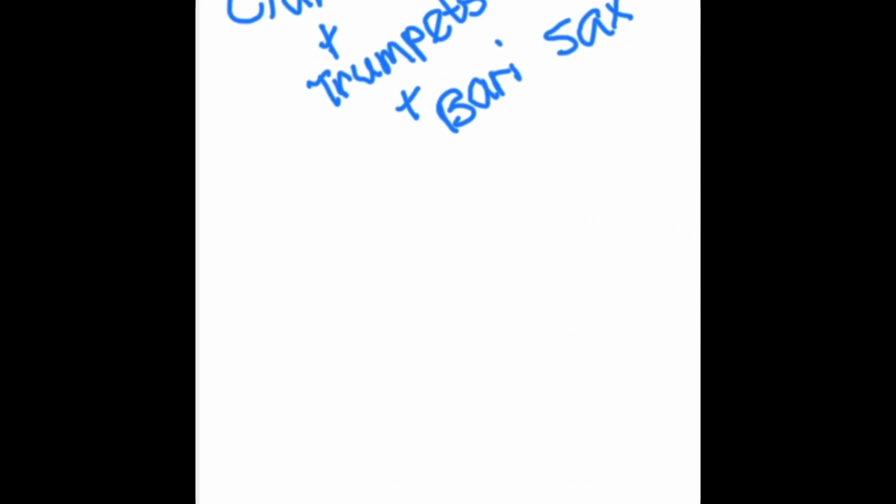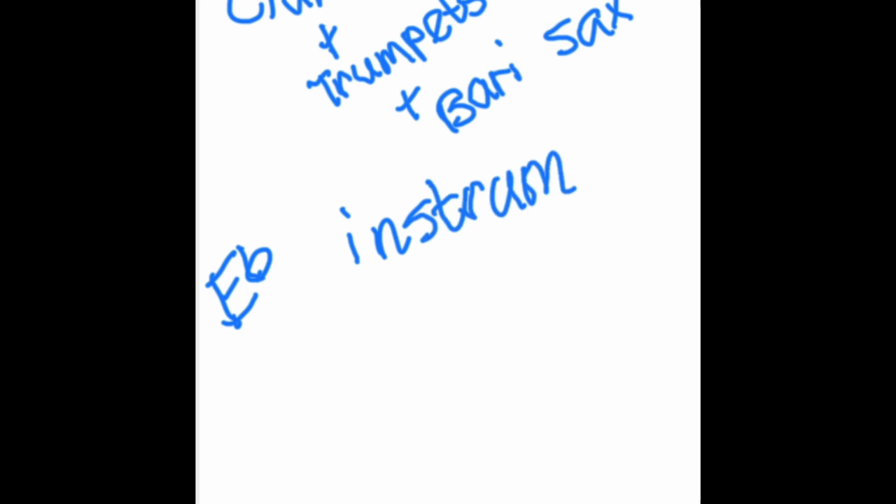What if the band director asked for E flat instruments to play a B flat major scale? Okay, E flat instruments. From the concert pitch, they can go two ways.